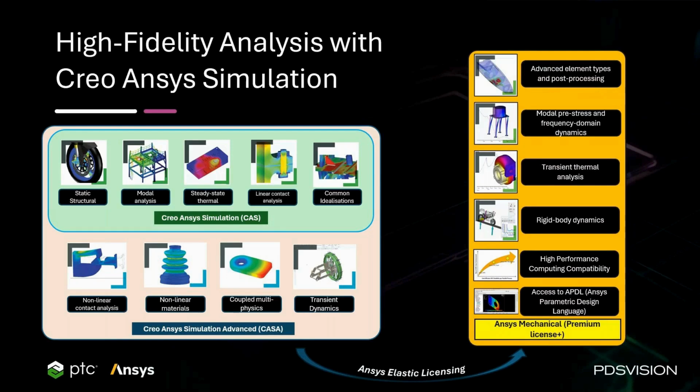Combining this with Ansys's elastic licensing model, which allows you to access Ansys software on a pay-as-you-go basis, we have a very powerful integration between these two softwares, which lets engineers access the more complex tools available in Mechanical Standalone as and when they're needed.